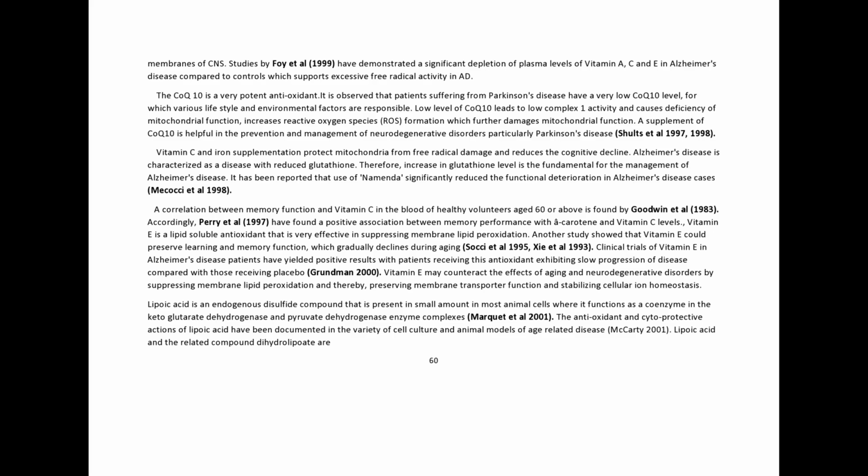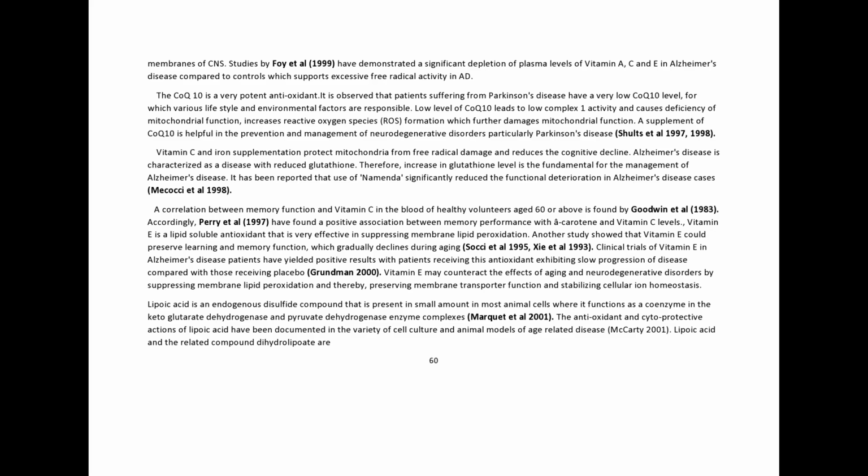Studies by Foy et al., 1999, have demonstrated a significant depletion of plasma levels of vitamin A, C and E in Alzheimer's disease compared to controls, which supports excessive free radical activity in AD. The CoQ10 is a very potent antioxidant. It is observed that patients suffering from Parkinson's disease have a very low CoQ10 level, for which various lifestyle and environmental factors are responsible.